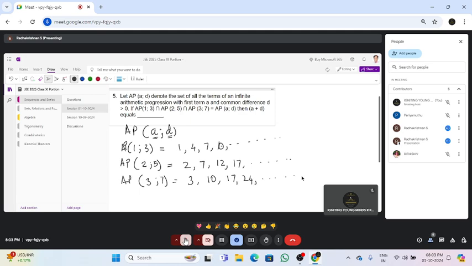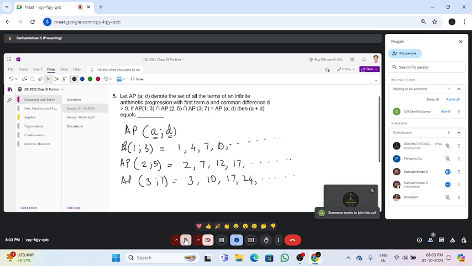So the question is, these are all infinite series. If we take the intersection, the elements common in all 3 series, and write them all, that will form an AP. So what will be the first term and common difference of that progression? That is the question.